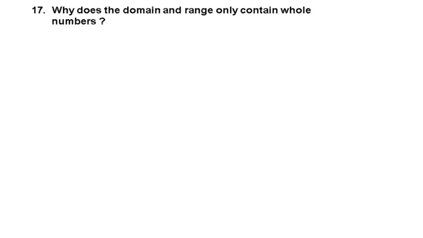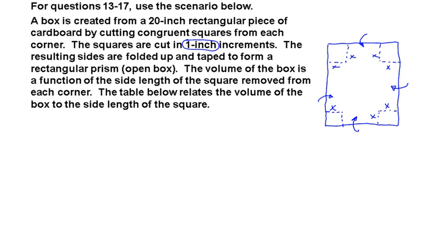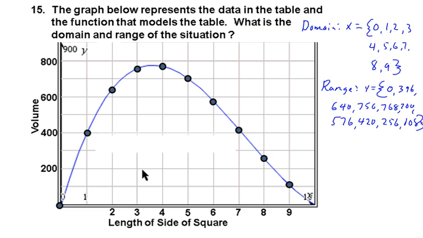Okay, and then 17. Why does the domain and range only contain whole numbers? Well, here we just go back to our initial problem, and we're cutting in 1-inch increments, right? So the conditions only allow for 1-inch increments.